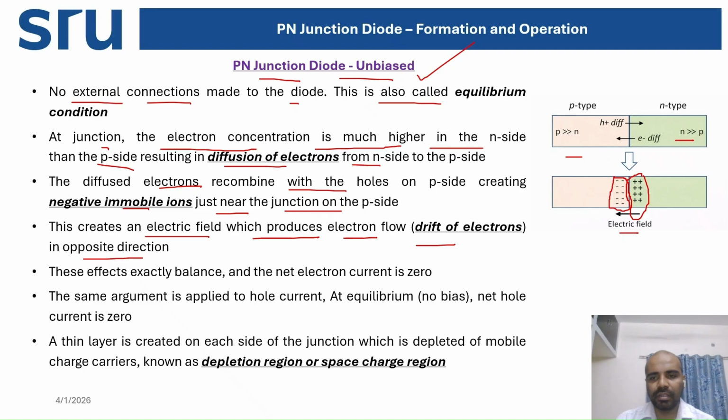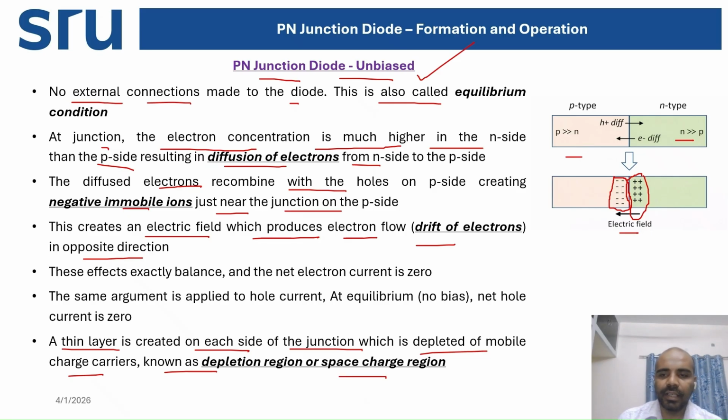about these things. So a thin layer is created on each side of the junction, which is depleted of mobile charge carriers, right? Known as the depletion region or space charge region.